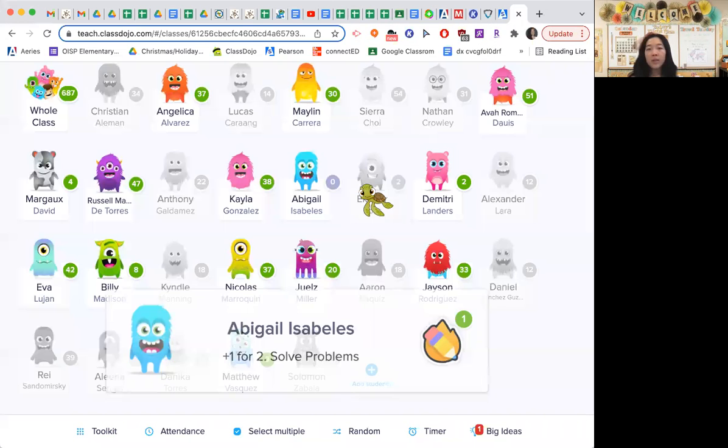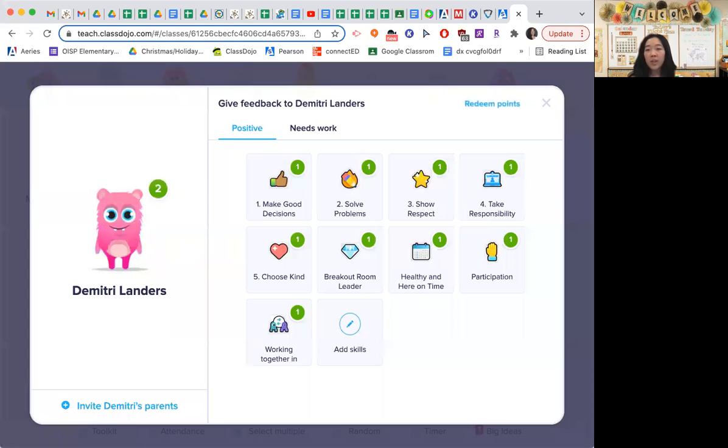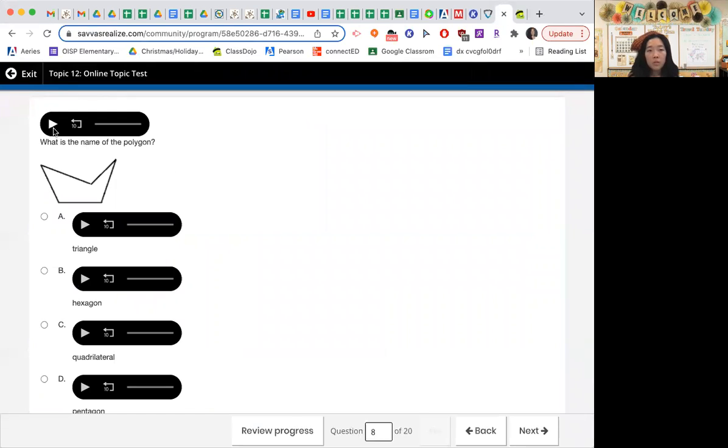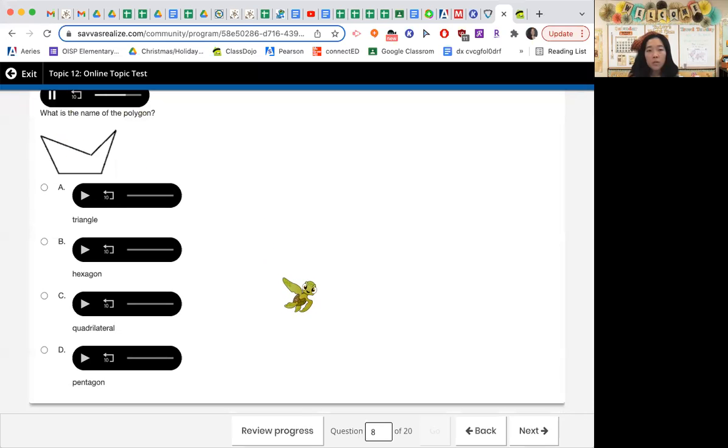Next student is Dimitri. What is the name of the polygon? Okay, so what you're going to do is count how many edges or how many vertices this has.